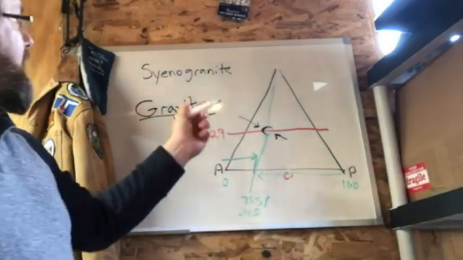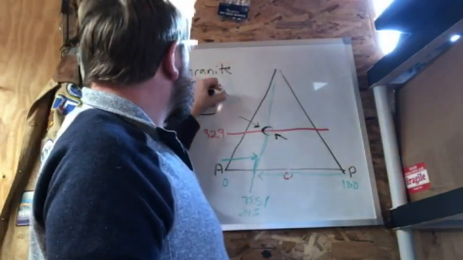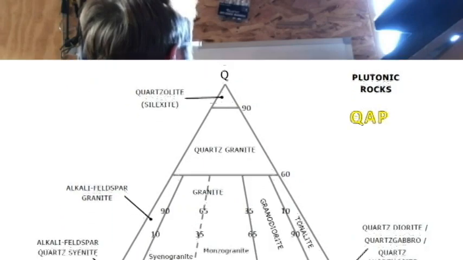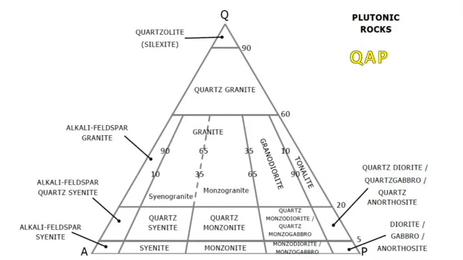But you can divide a granite into a syenogranite and a monzogranite. Syenogranite's to the left, monzo's to the right. Well, what's the point of this?